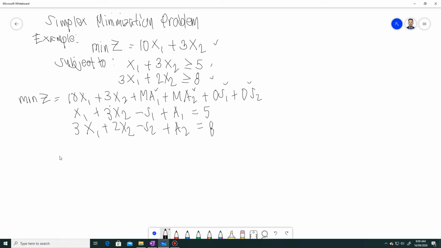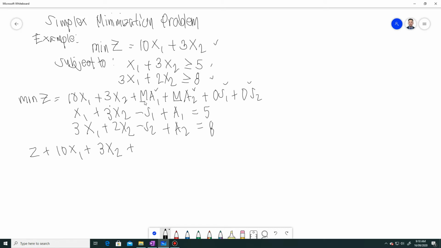Next step, we will solve this. So our objective function, which we equate to 0, becomes this one. Take note that for M we will assign a numerical value.